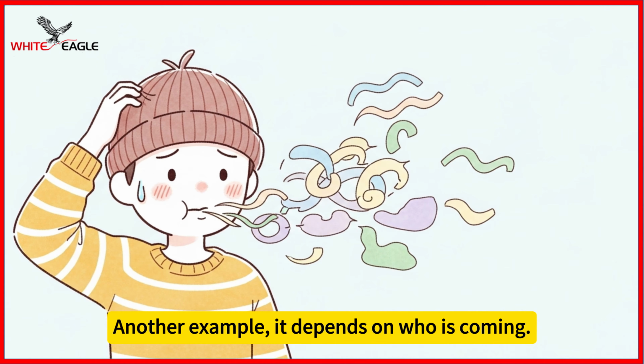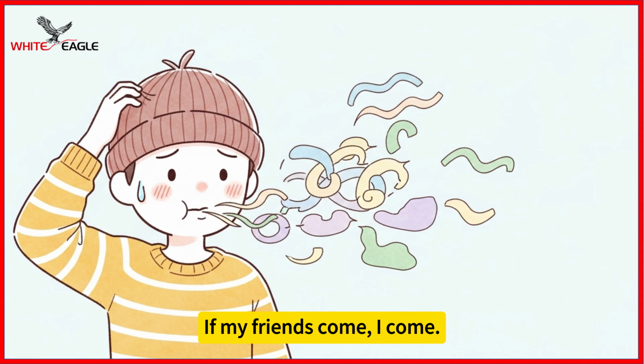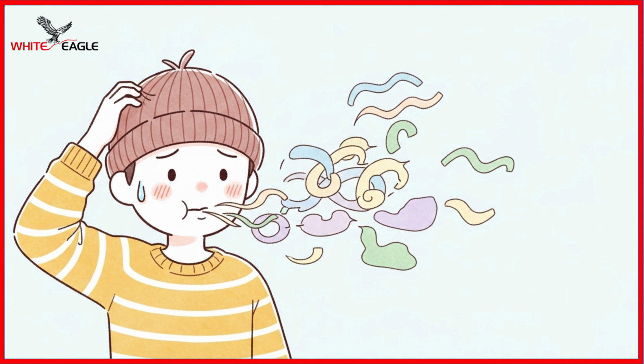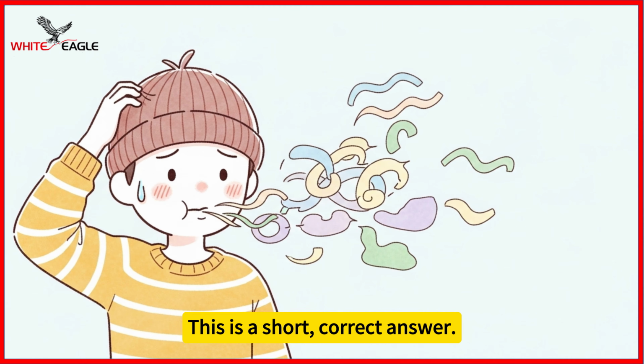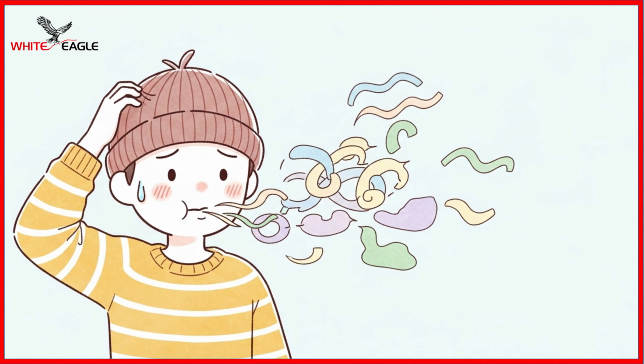Another example, it depends on who is coming. If my friends come, I come. If they do not, I do not. You can also say, only it depends. This is a short, correct answer.